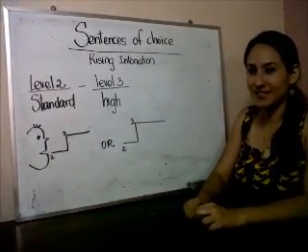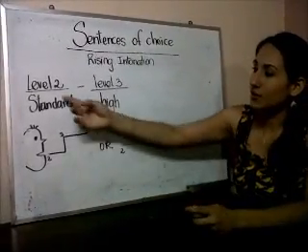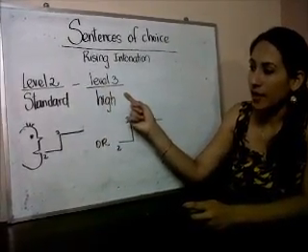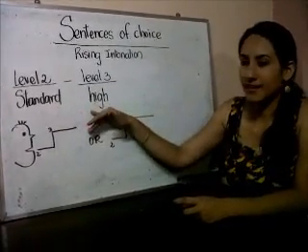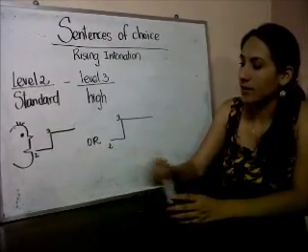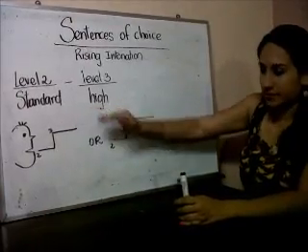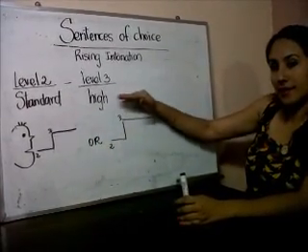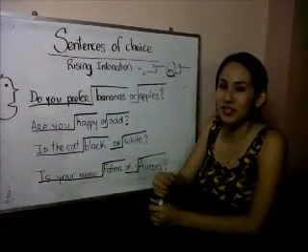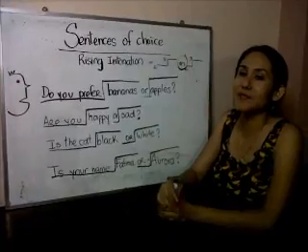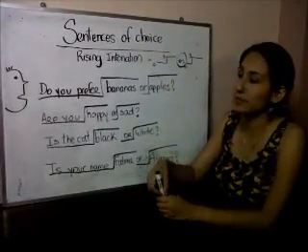Sentences of choice. Rising intonation is a combination of level 2 and level 3, standard and high. You will have the example.